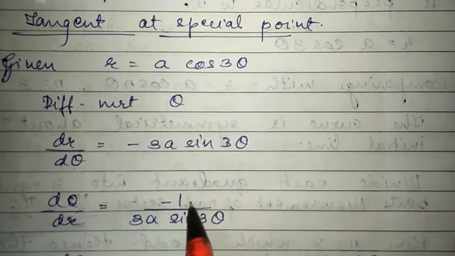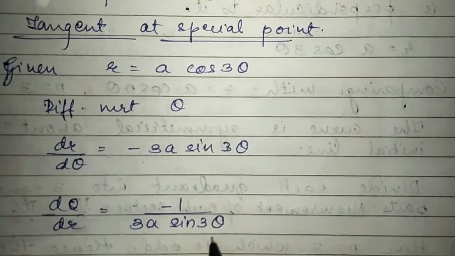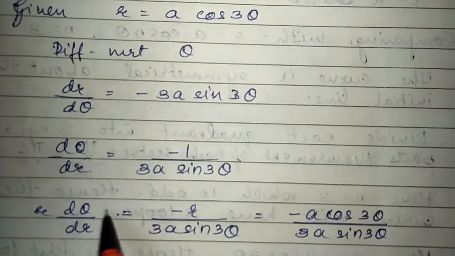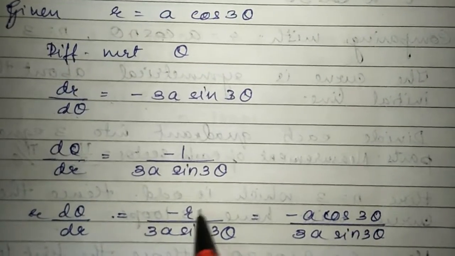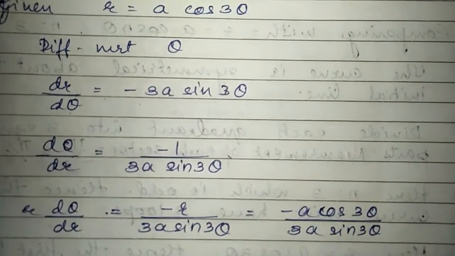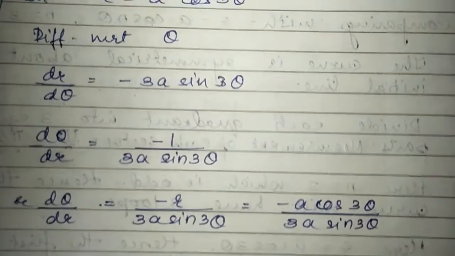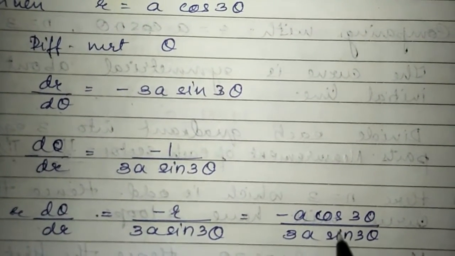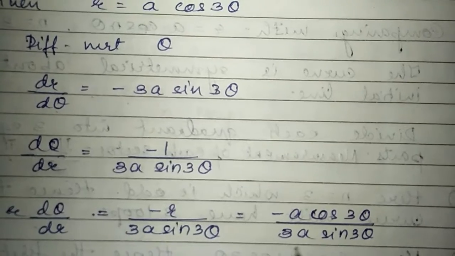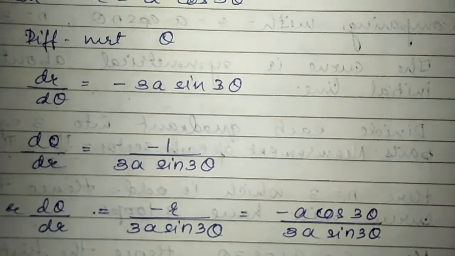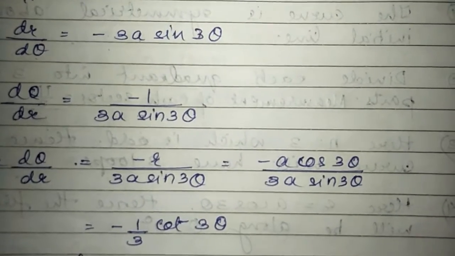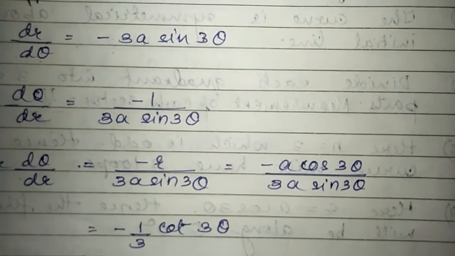It is equal to minus 1 upon 3a sine of 3 theta. r d theta by dr will be minus r upon 3a sine of 3 theta. So it will be minus a cos of 3 theta, because r is a cos of 3 theta, upon 3a sine of 3 theta, which is equal to minus 1 upon 3 cot of 3 theta.